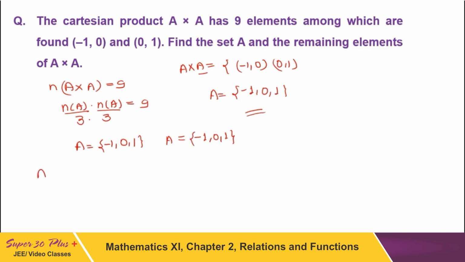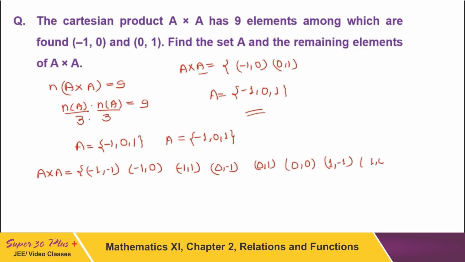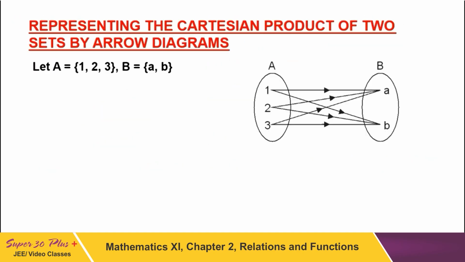Now A cross A will be (minus 1, minus 1), (minus 1, 0), (minus 1, 1), (0, minus 1), (0, 1), and this is okay. Now (1, minus 1), (1, 0) and (1, 1). Remaining elements of A cross A are here.